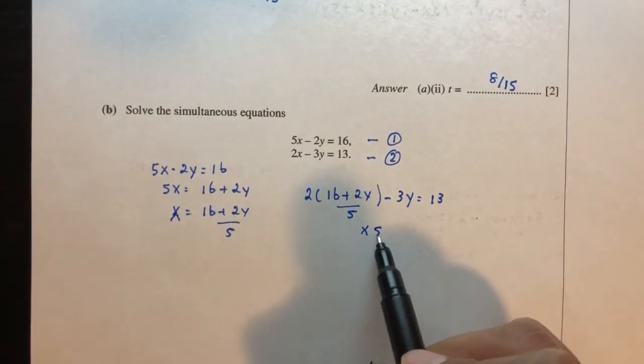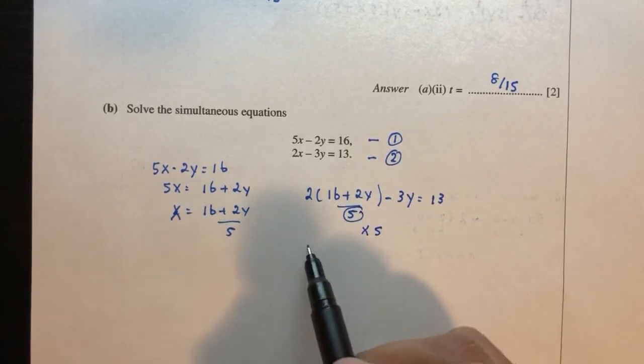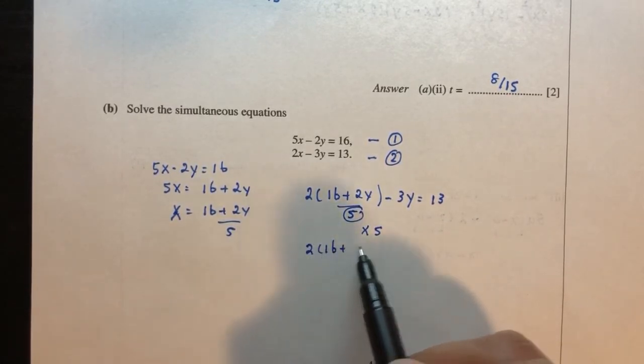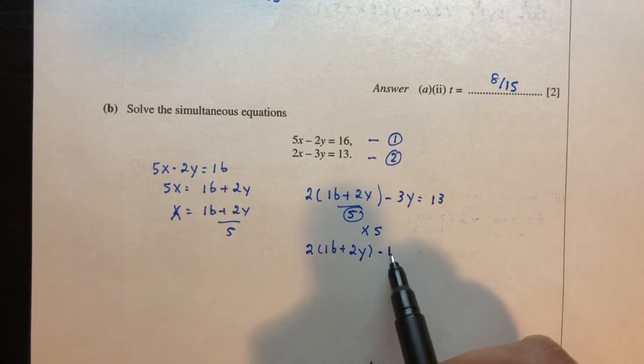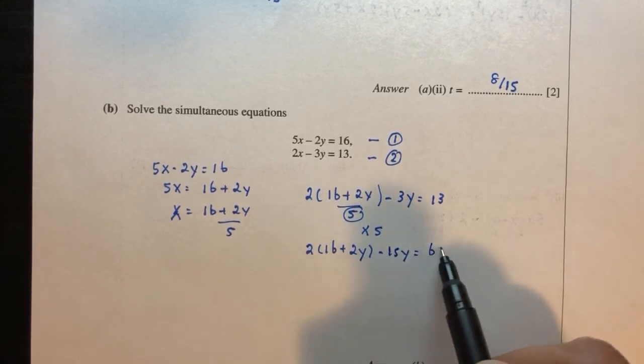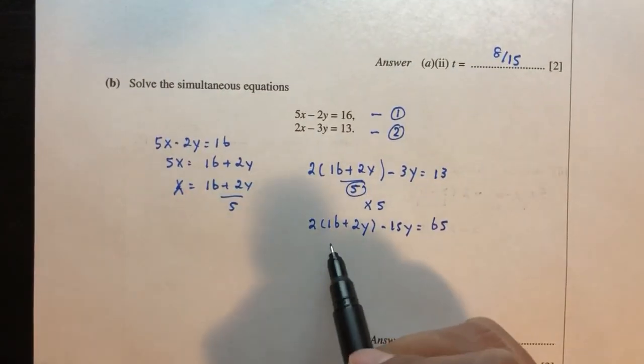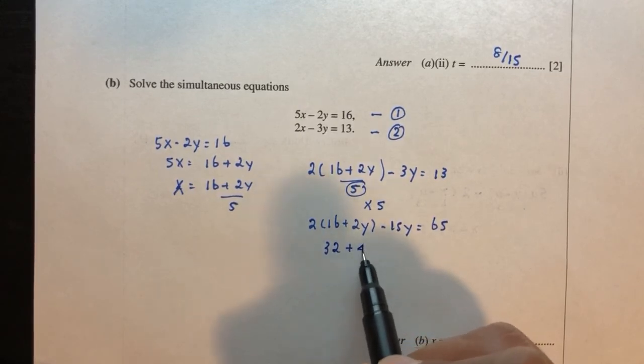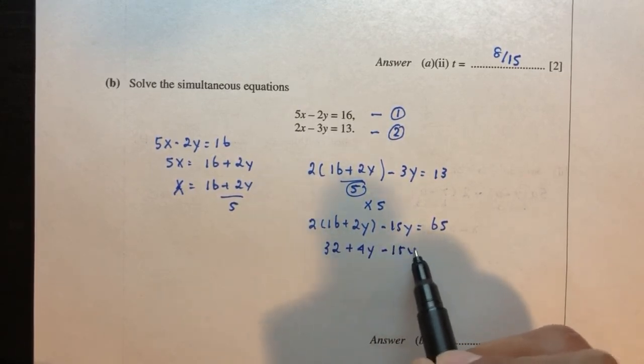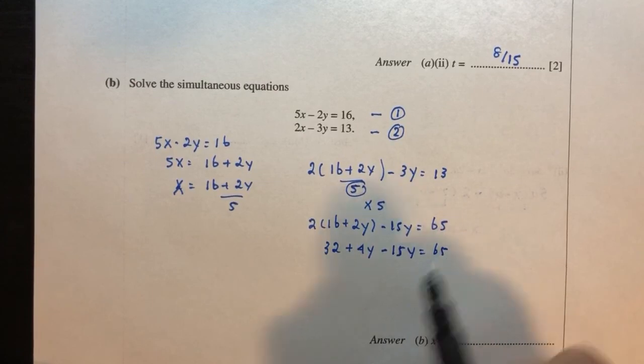Now multiply by 5 everywhere to get rid of this 5. So 2 times 16, 2y minus 15y equal to 65. That will be 32 plus 4y minus 15y equal to 65.